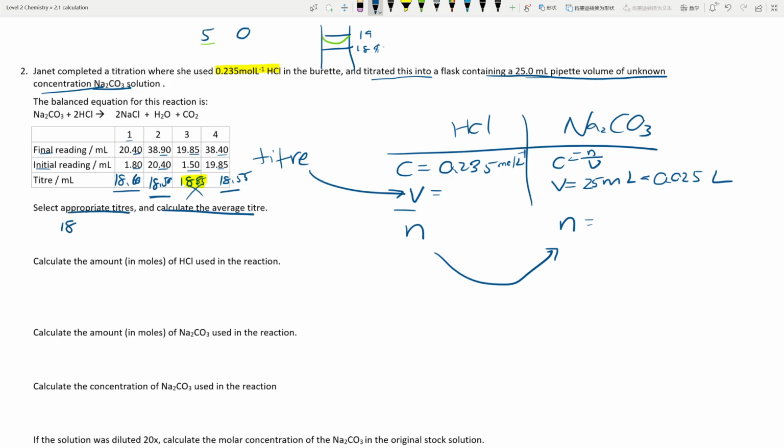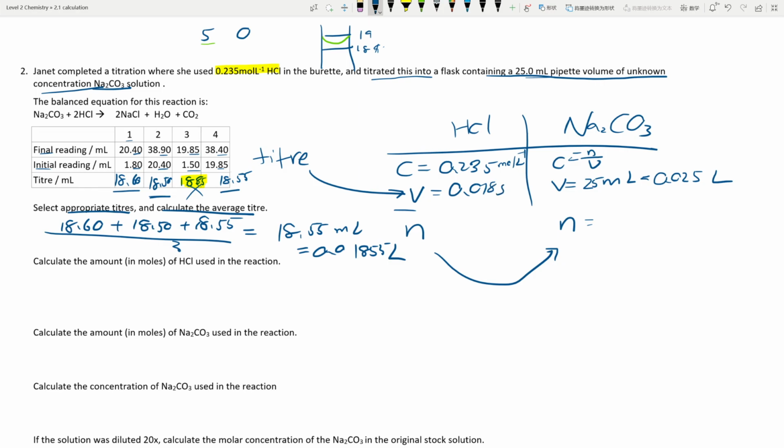So it's going to be 18.6 plus 18.5 plus 18.55 divided by 3. You actually don't need to do this. This is just going to be 18.55 mL, which is 0.01855 liters. Okay, so that means this number is going to be 0.01855 liters.